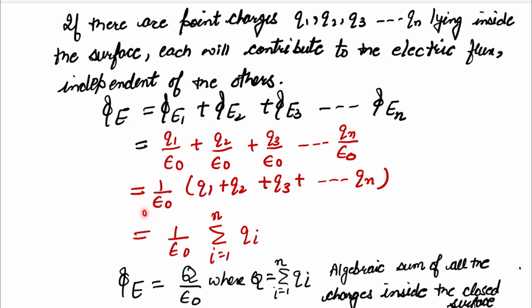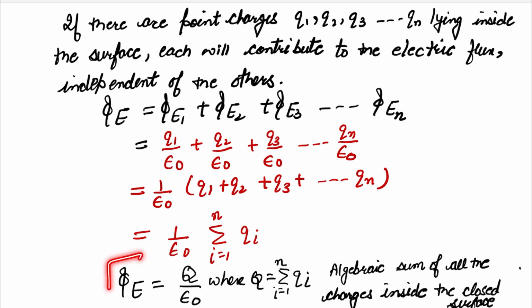So 1 upon epsilon naught can be taken common. Inside you are left with Q1 plus Q2 up to Qn. This thing can be taken in summation, right? This summation of charges inside the surface S will give you the total Q inside the surface S, right?